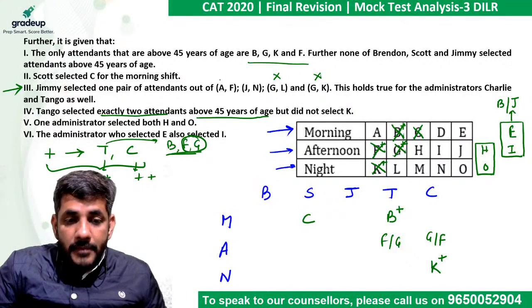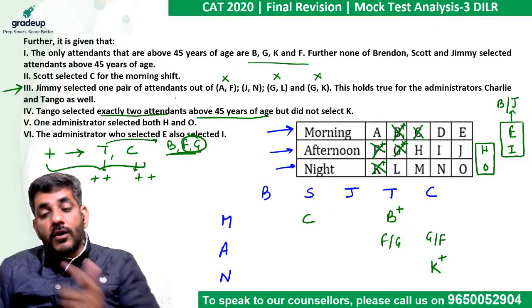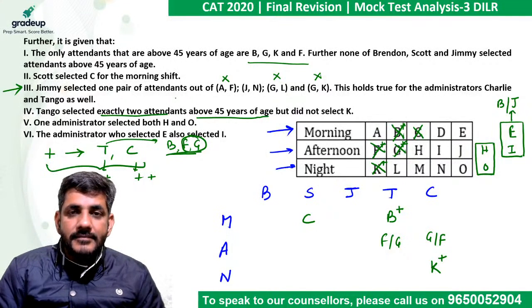And it cannot be AF because F is surely selected by Tango or Charlie.